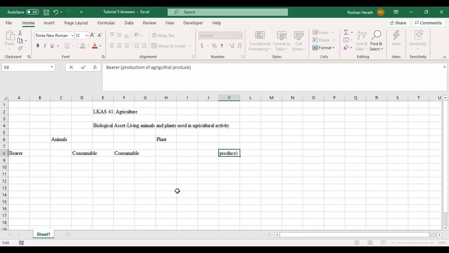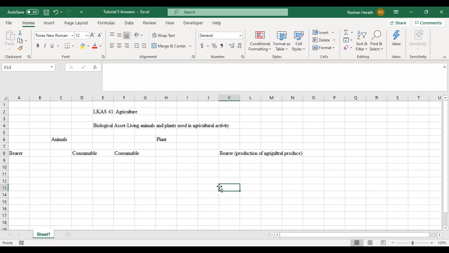So in simple words, you can say that it is a kind of plant that bears agricultural produce. It gives you agricultural produce.